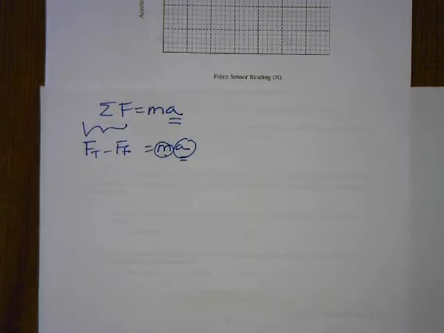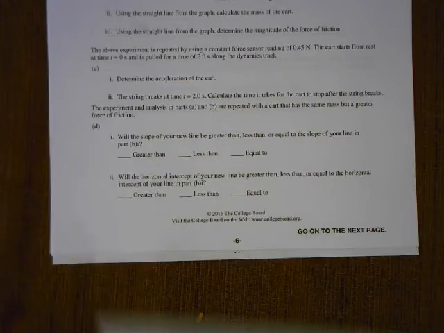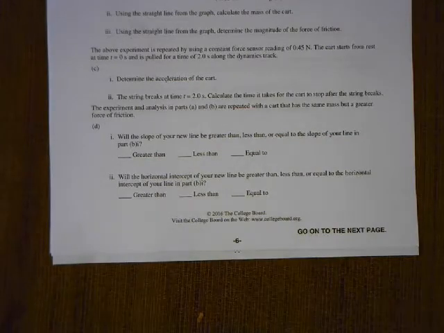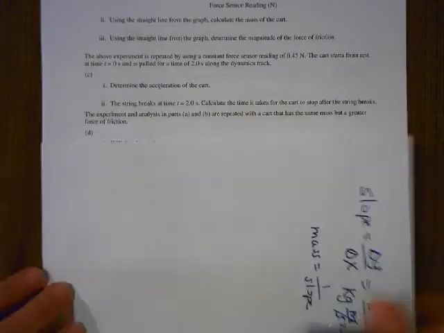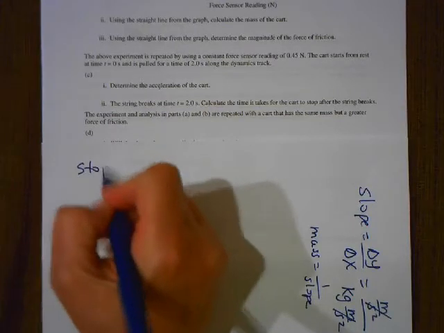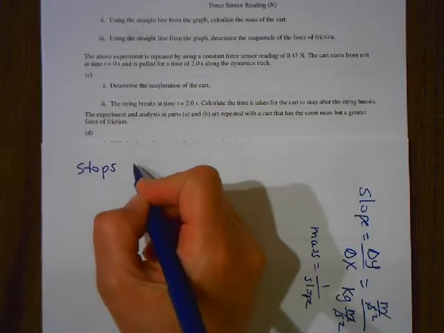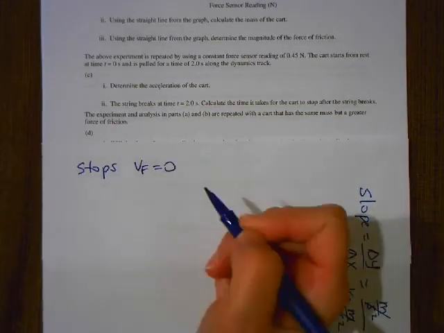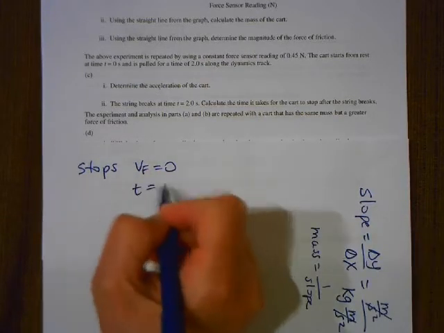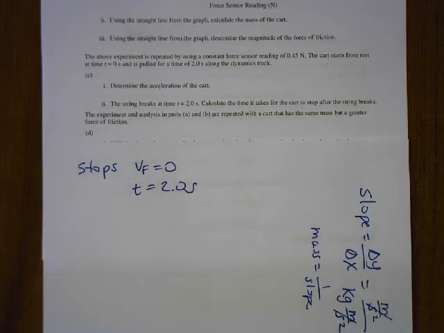The next part, the string breaks at t equal to 2 seconds. Calculate the time it takes to stop. So if it stops, that means that the final velocity is 0. They tell you that t is equal to 2 seconds. So obviously here we're going to have to use kinematics.